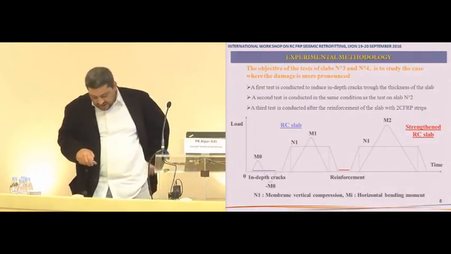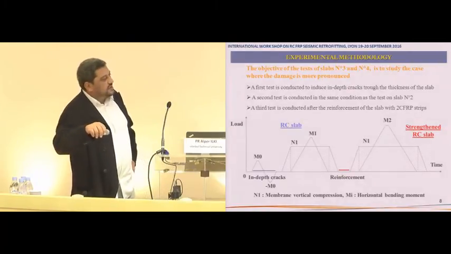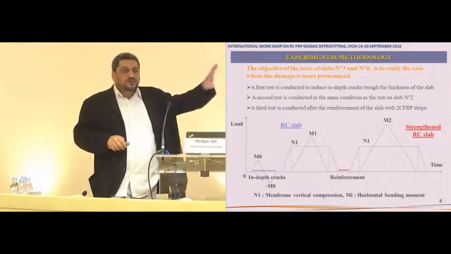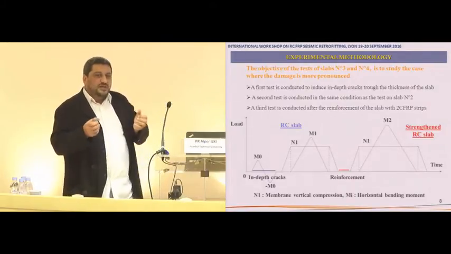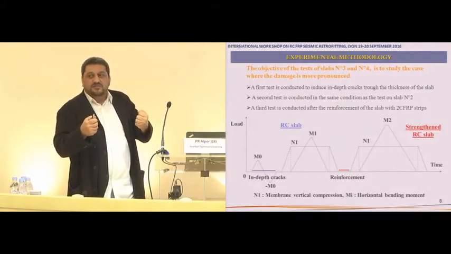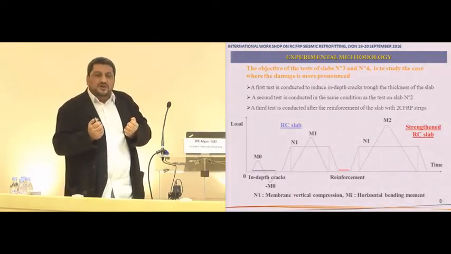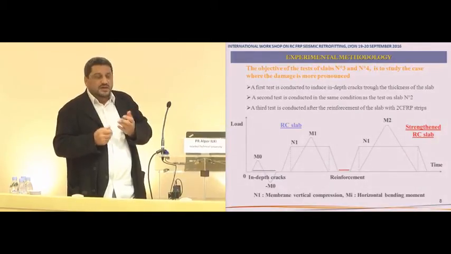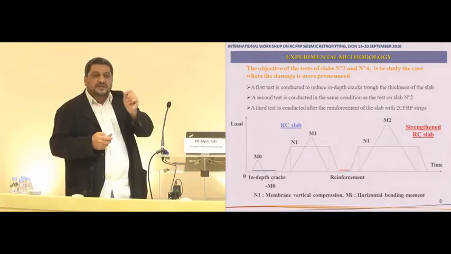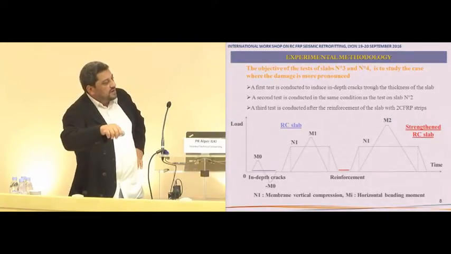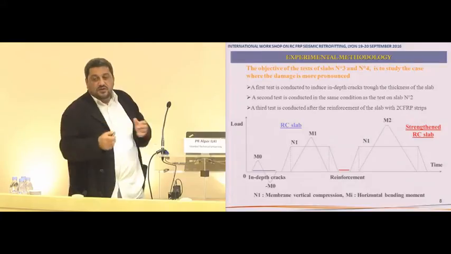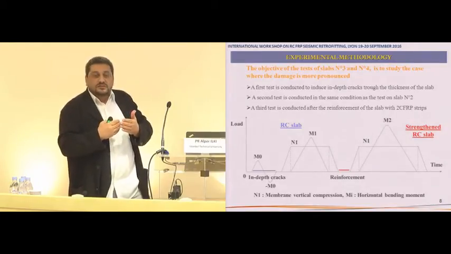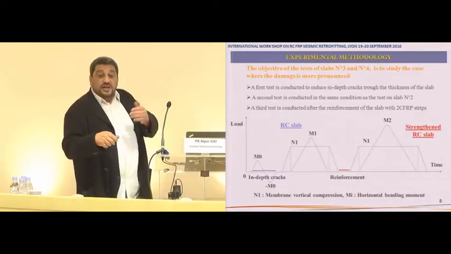And for slabs 3 and 4, a different history. You can see that for the first two tests we have a damaged slab, but here we want to have a damage which is more pronounced. It means that the cracks are in-depth cracks. So we apply first bending moment plus or minus M0, and with this loading we can have in-depth cracks through the thickness of the slab.